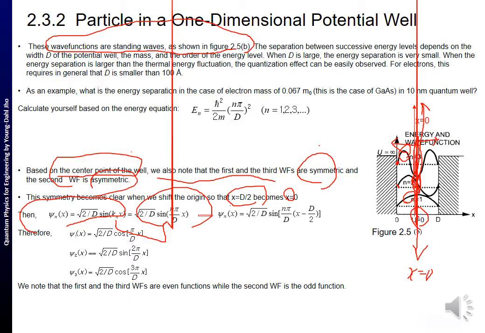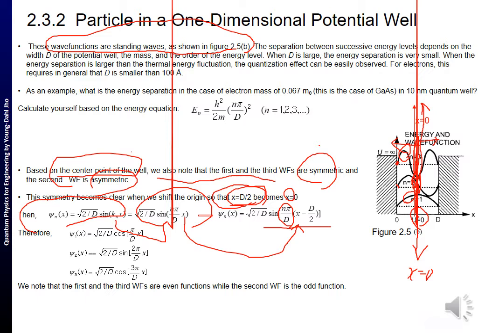Then this position shift by d over 2 changes the original function like this, right? n pi over d is the k value, and x is replaced by x minus d over 2, right?